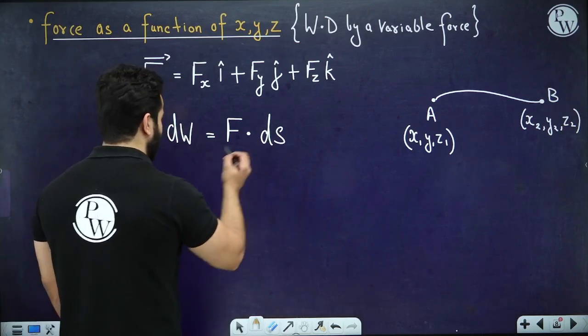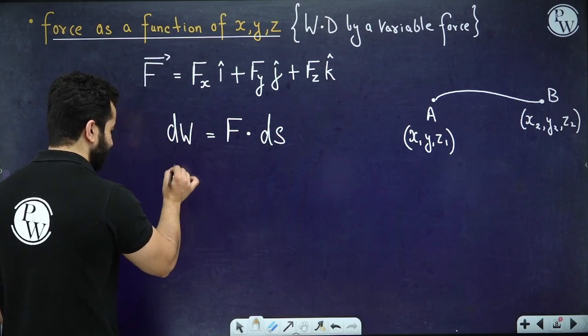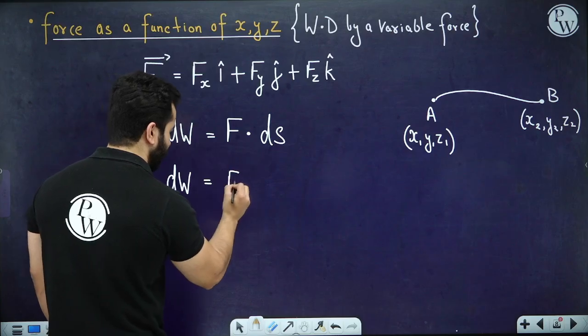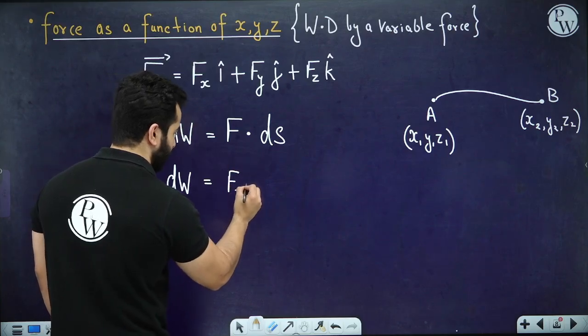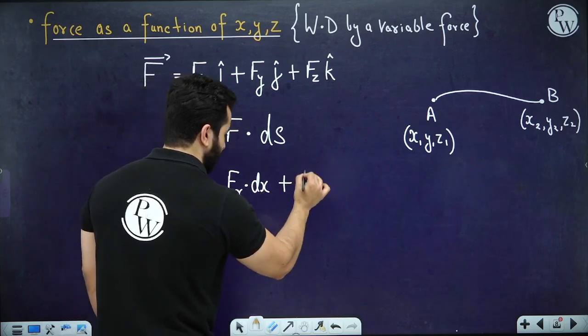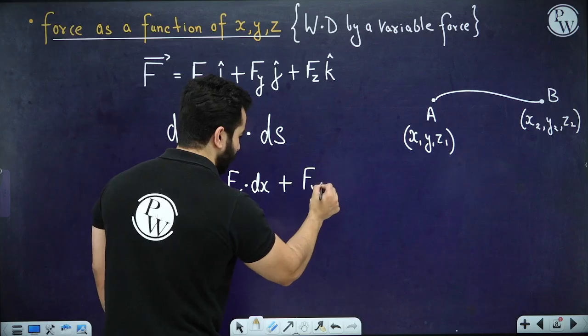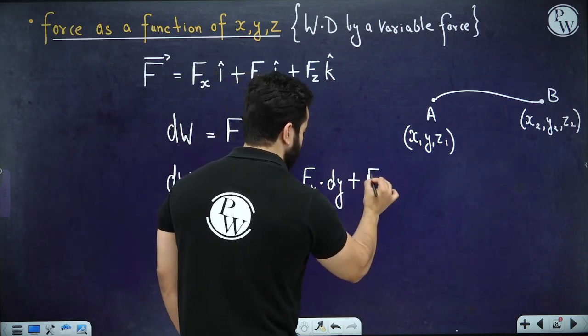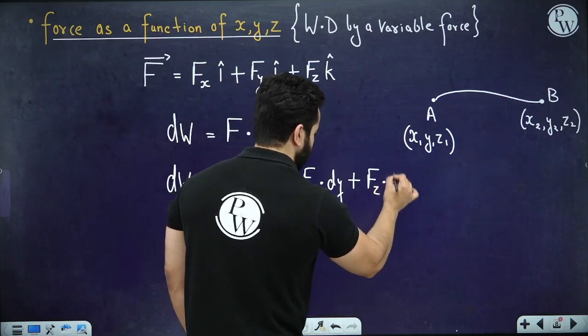After this, I can rewrite this as dW equals Fx dx plus Fy dy plus Fz dz.